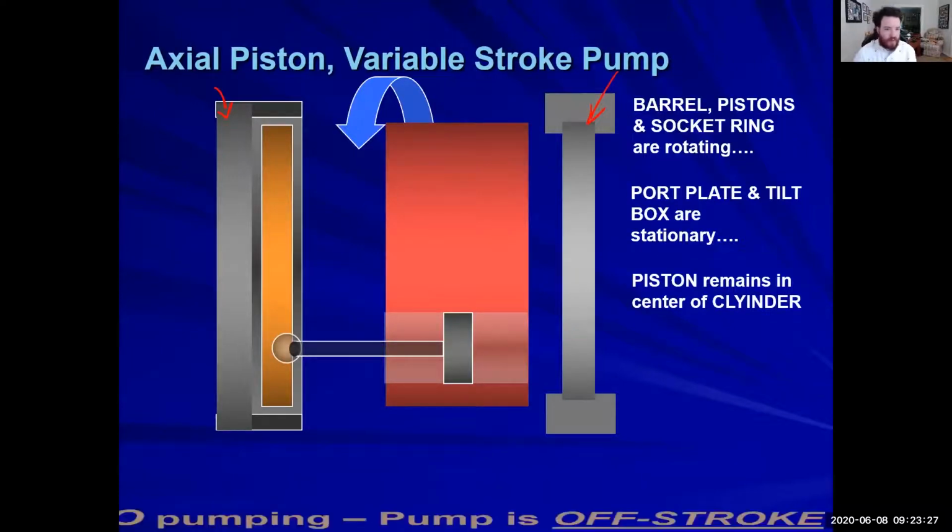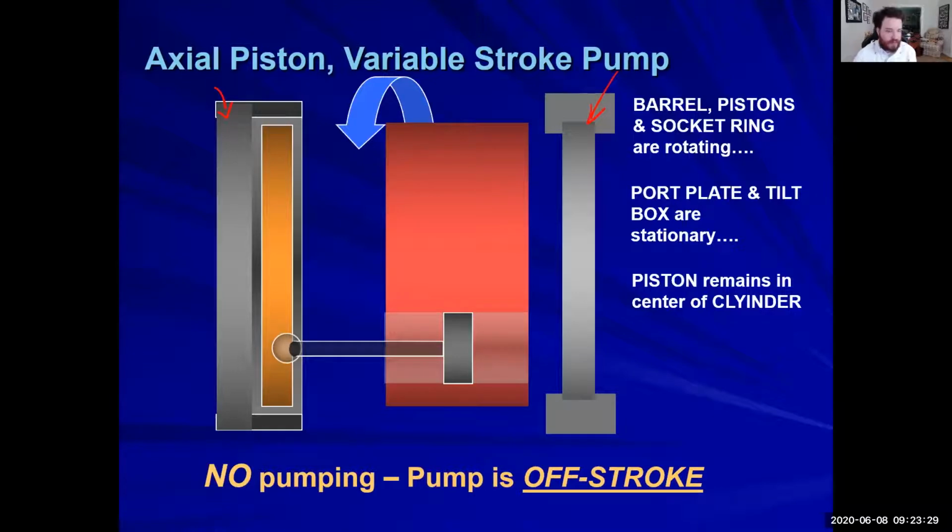So when this tilt box or tilt plate is in its neutral position, in its 0 position, almost, you're going to have no pumping because this piston riding in the cylinder is not moving. So it's riding vertically up and down in a straight line.